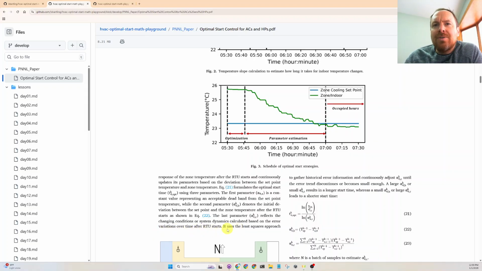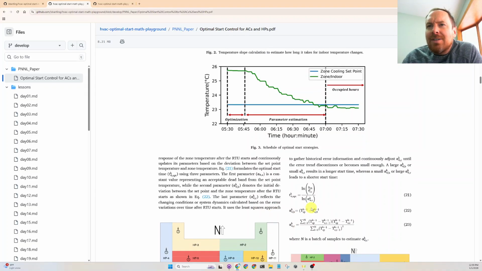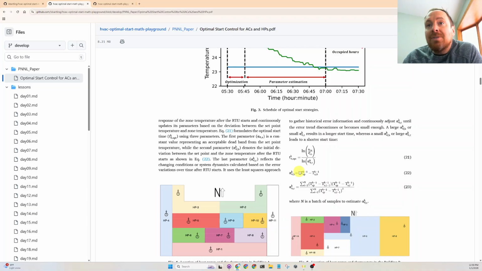It uses a least squares approach. I still have to wrap my head around this a little bit. So hopefully our AI generated lessons can help us understand. And then at least for me, when I look back on these equations, it makes a little bit more sense.